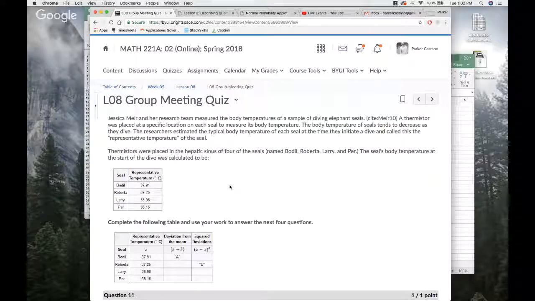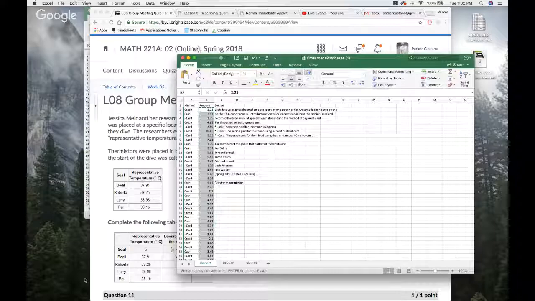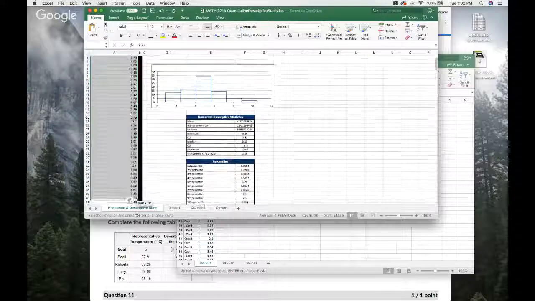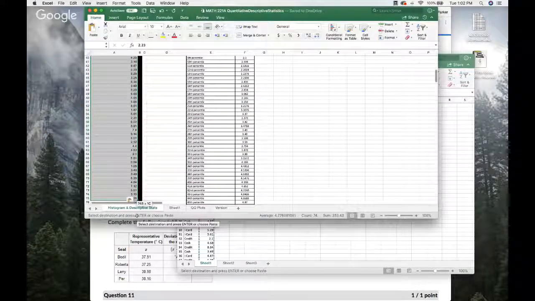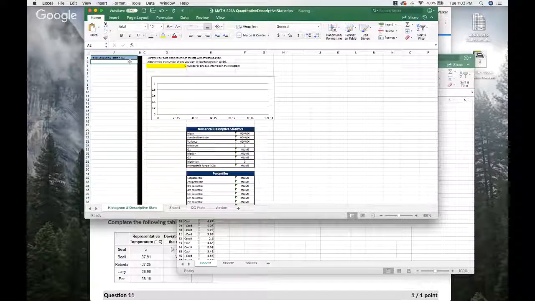So you had to find that one. What I did is I took that spreadsheet and put in those 4 pieces of data. I came over here and cleared out all this stuff. It's 37.91.